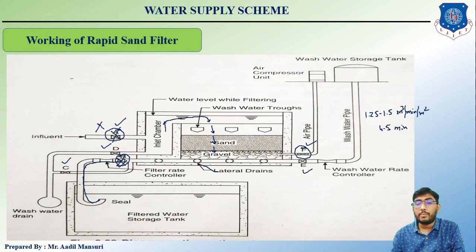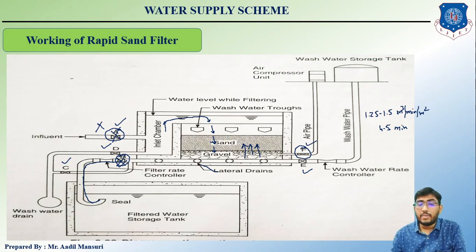Compressed air is passed in the opposite direction, so the voids between gravel and sand, which were packed and filled up, will get released. Okay, so they will get loose.